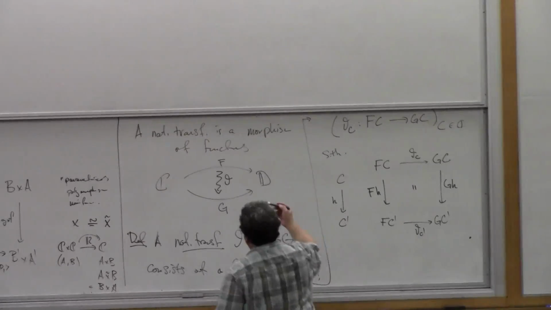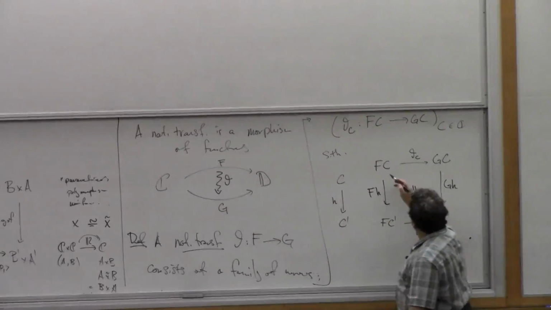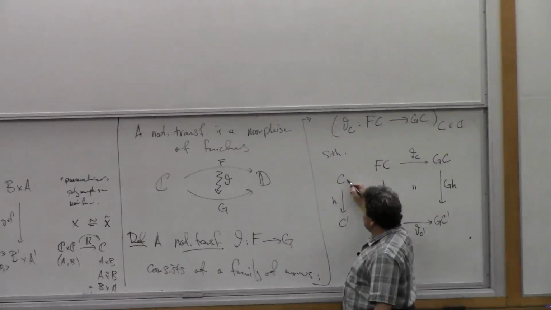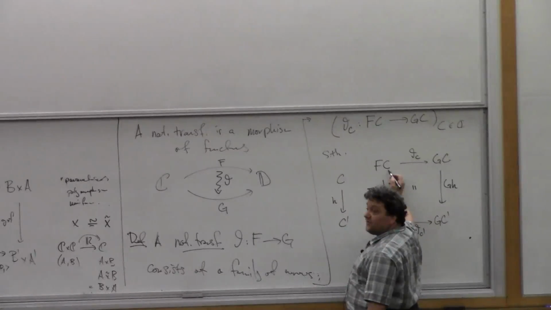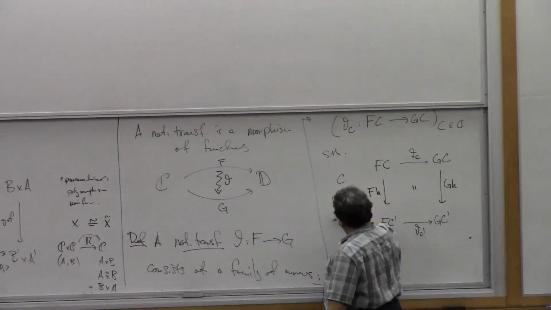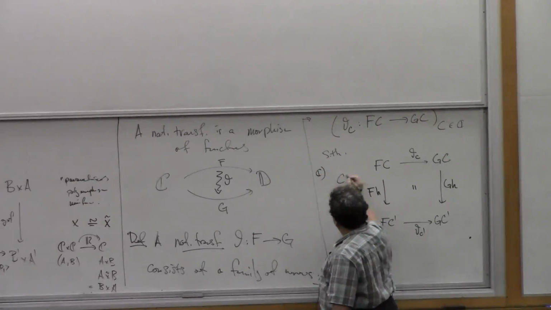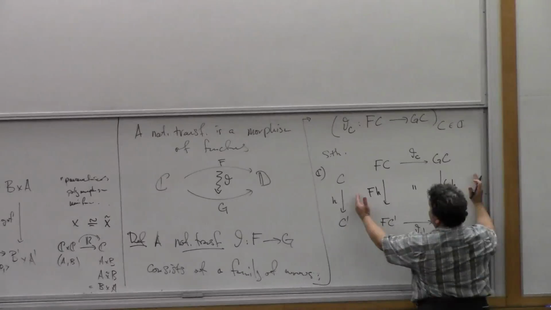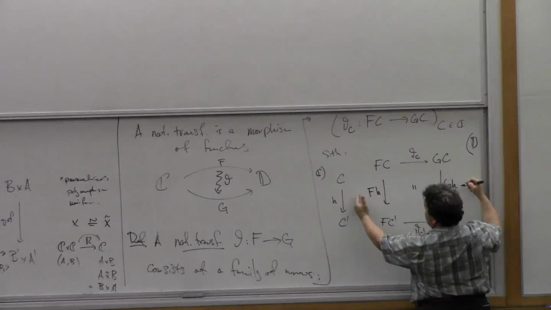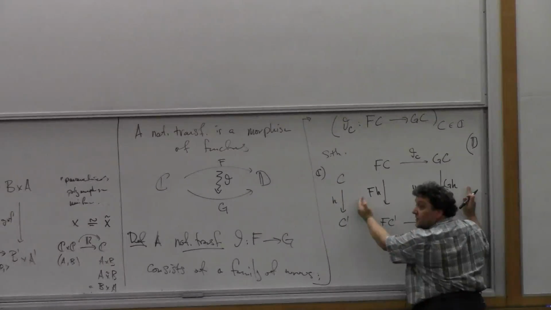These are the functors right here, F and G. And then I'm looking over there and I see FC going to GC where C is an object in C. I apply F to C and I get an object in D. This little piece of the diagram right here is in the category C. And then this commutative square is in the category D. And it's a condition that says for every arrow in C, I get a commutative square like this in D. Is it good? Okay.